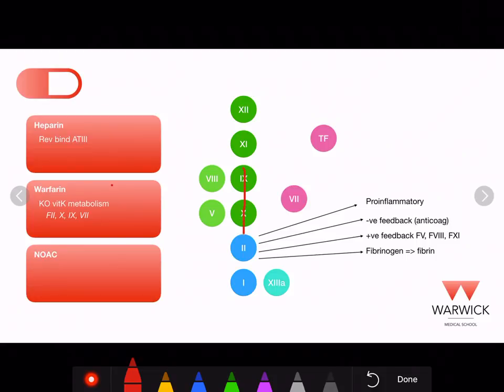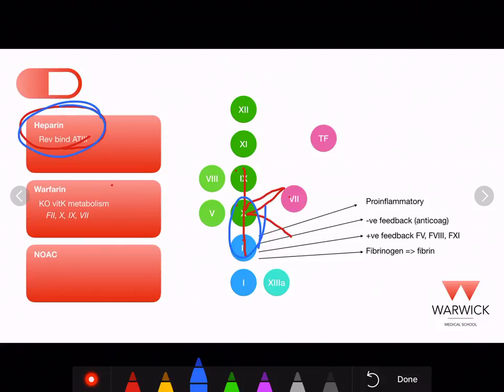So it's going to knock out 2, 10, 9, 7. And then your heparin, do you remember what that inactivates? Factor 10 and factor 2. Yes. So heparin, let's say 10 and 2.